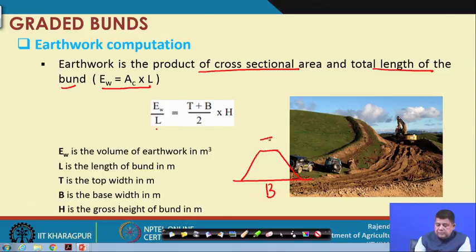This is B, this is T, this is H. The area of cross section of a trapezoid is half times the sum of T plus B times H. So, earthwork is T plus B by 2 into H times L, the volume of earthwork in cubic meters, where L is the length of the bund in meters. This is per hectare basically we are calculating.